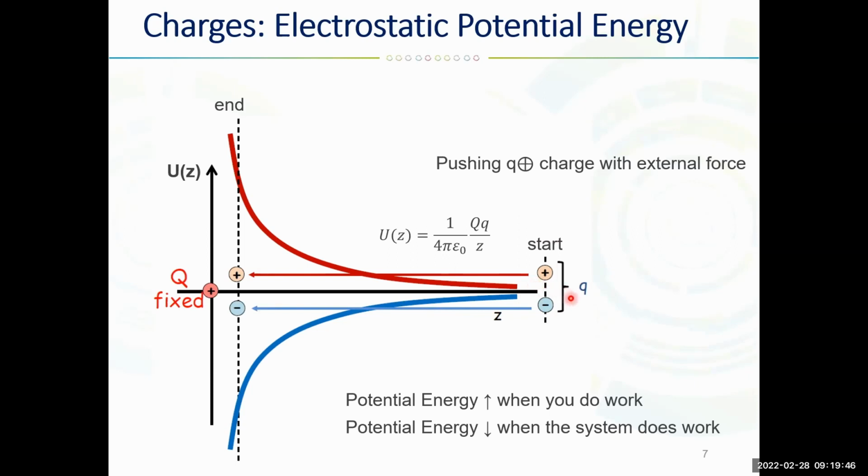Conversely, if the polarity of the two charges is opposite, then the interaction potential energy will decrease. So follow the blue curve indicated in this diagram.